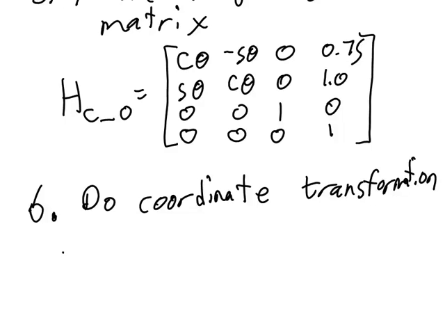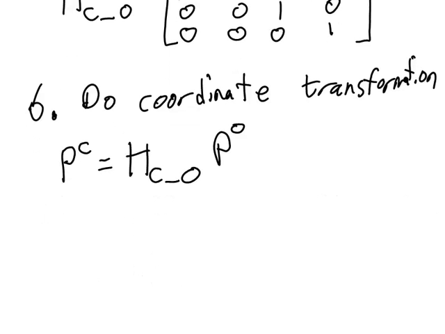Remember that the coordinate transformation works like this. A point in the camera frame is equal to the homogeneous transformation matrix from the camera frame to the base frame times a point in the base frame.